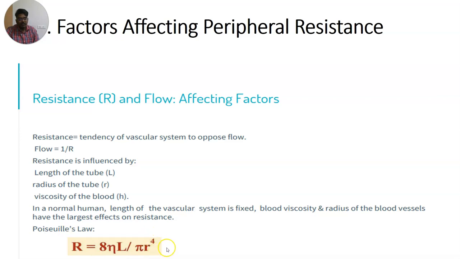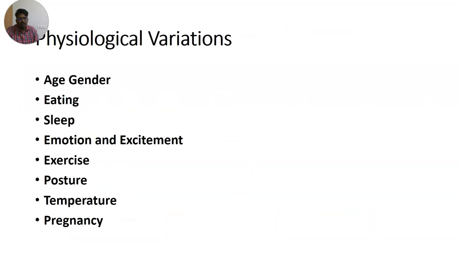If the radius increases, as in bigger arteries, total peripheral resistance will be less. In smaller arteries, the resistance will be more. So this is how cardiac output and total peripheral resistance interact, which ultimately affects the blood pressure. Now what are the physiological variations?